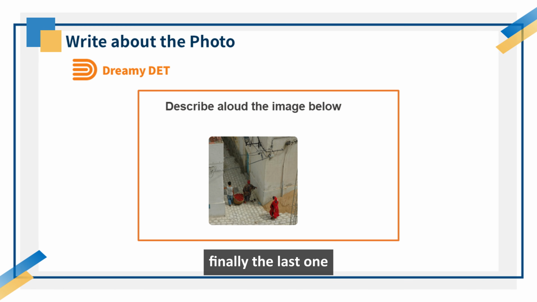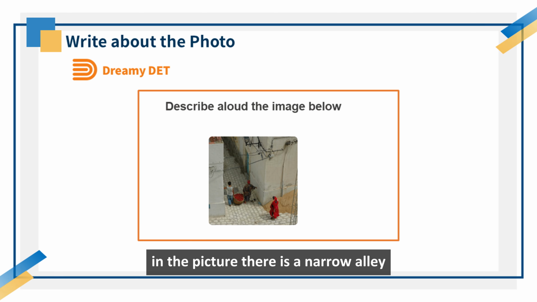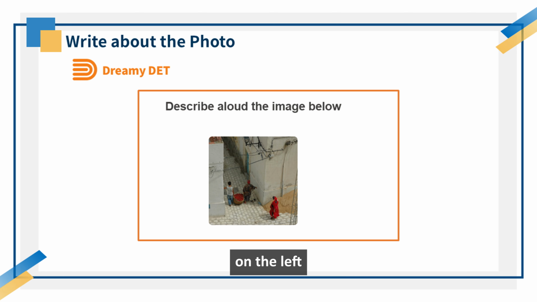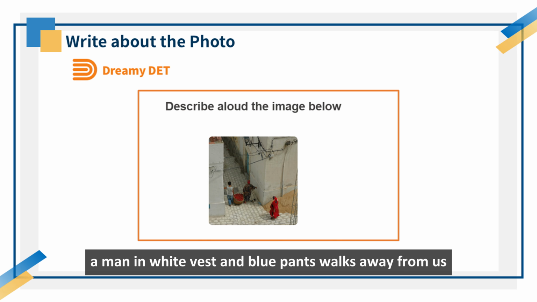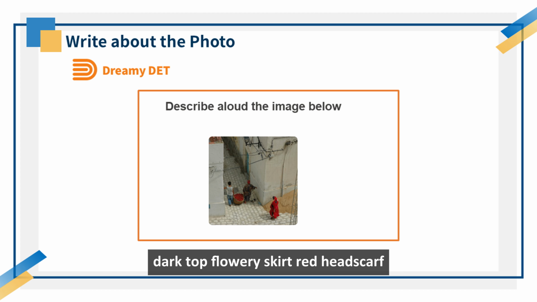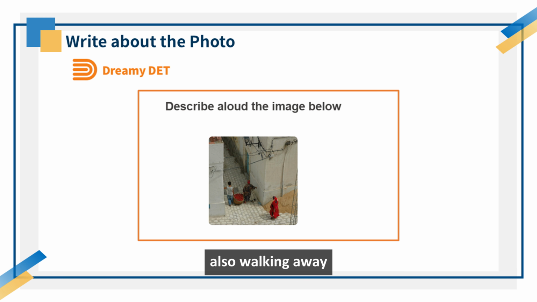Finally, the last one. In the picture, there is a narrow alley. Ground is gray-white stones. 3 people inside. On the left, a man in white vest and blue pants walks away from us. In the middle, a woman in traditional clothes. Dark top, flowery skirt, red headscarf. She has a big basket full of red stuff, also walking away.